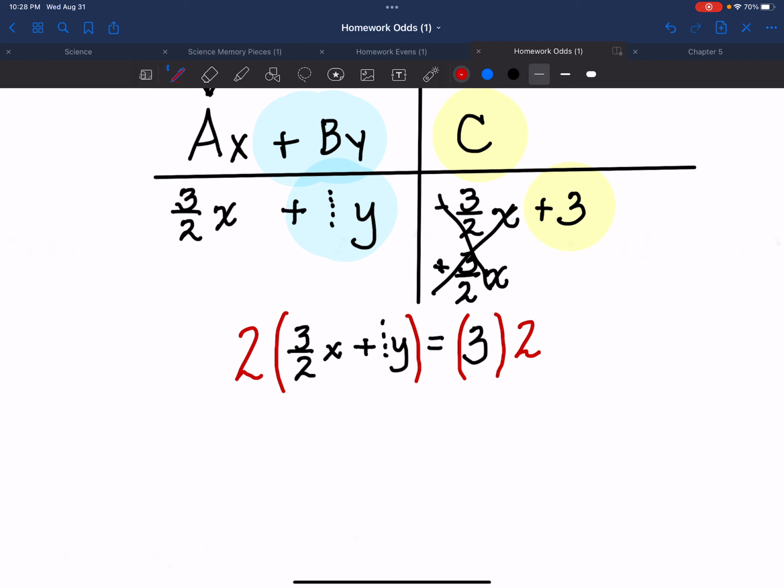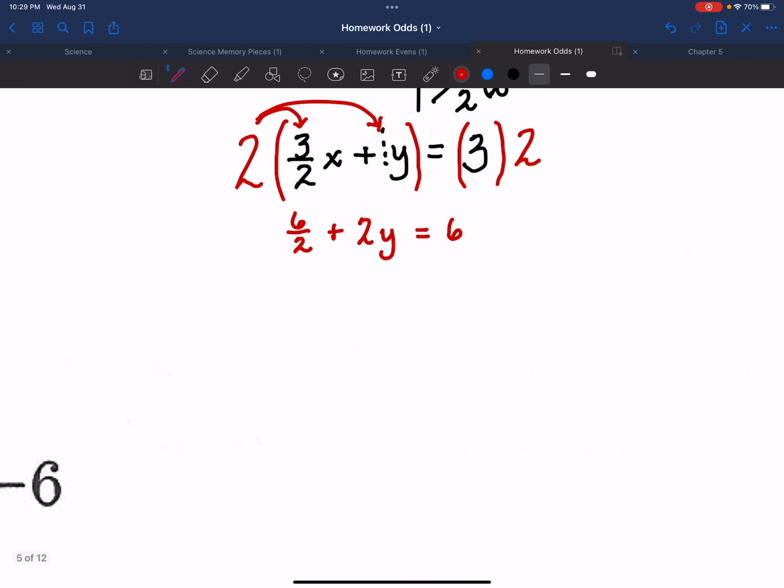So 2 times 3 is 6, with a 2 on the bottom. 2 times 1 is 2, with a y. And 3 times 2 is 6. And you may be saying, well, Amanda, we still have a fraction.